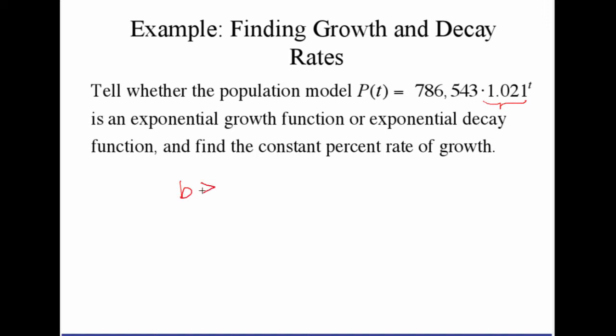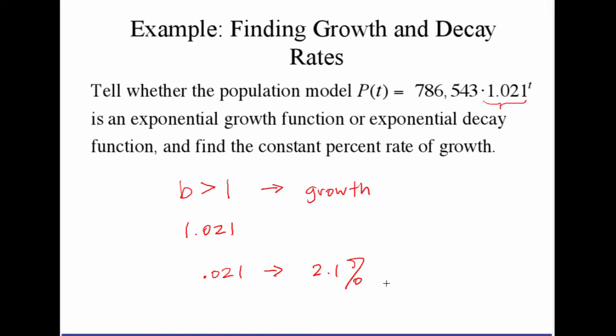We were told that when b was greater than 1, that meant we had a growth model. So we know we're looking at a growth model here. Now, with this 1.021, the 1 takes care of the growth, so what we need to focus on is the 0.021. 0.021 as a percentage is 2.1%. So that's the growth rate of this population.